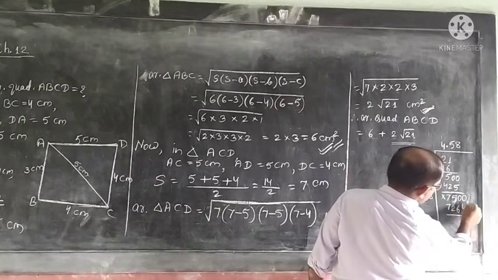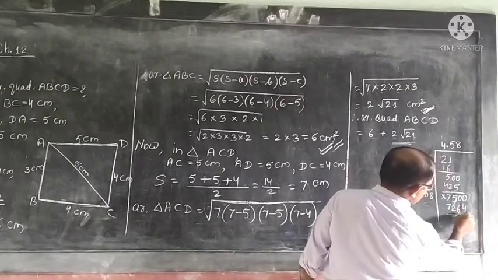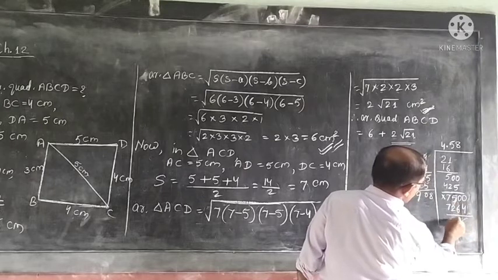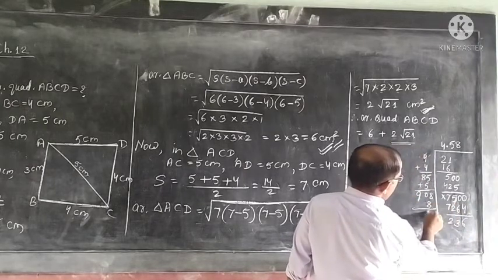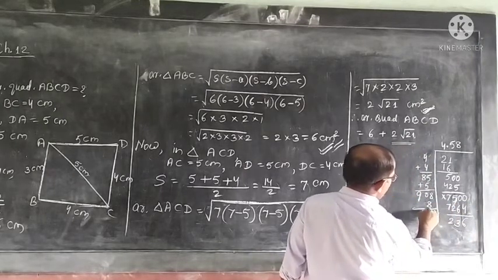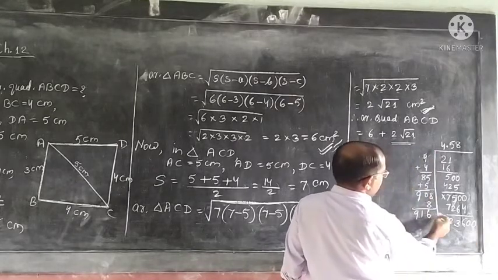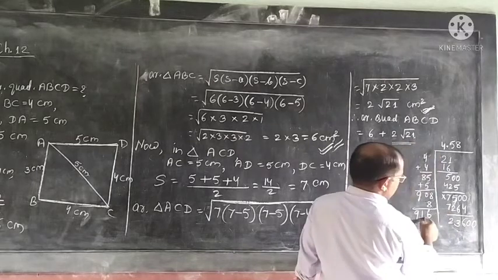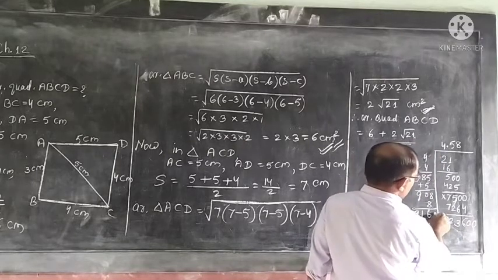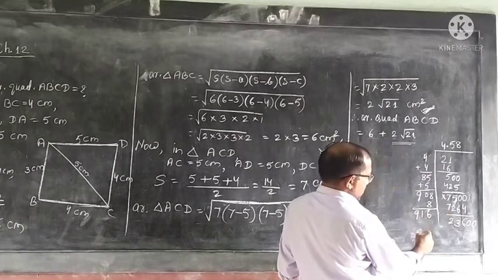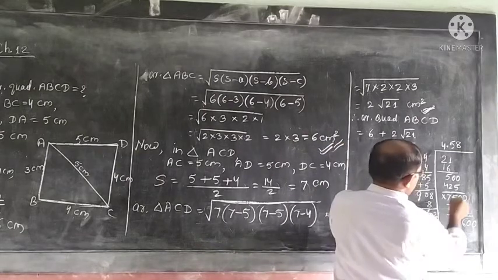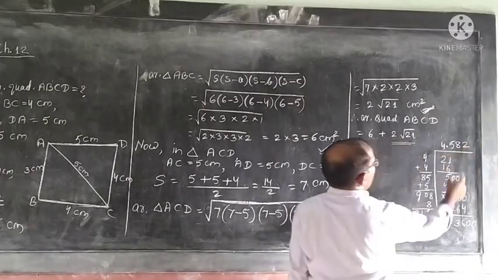We get 10 minus 4 6, 9 minus 6 3, 4 minus 2 2, again 8 added, 8 8s are 16, and put 2 zeros. Whatever we put here, 9 1 6, 2 times we can divide. So, we are getting 4.582.